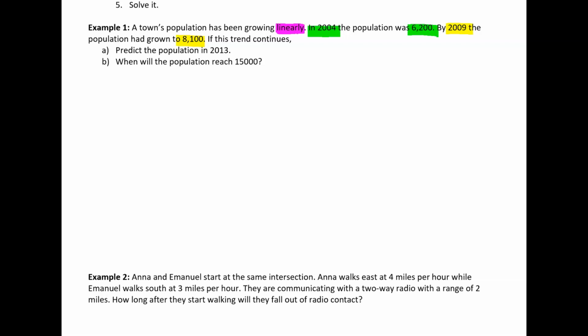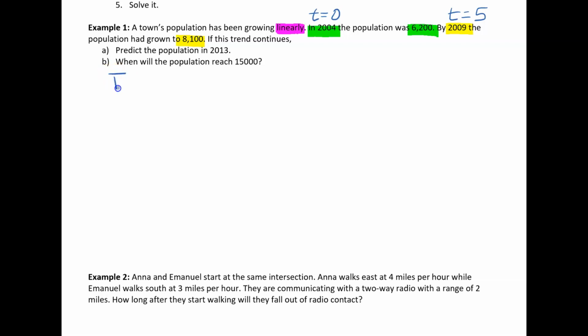We have formulas. We don't want to use 2004, 2009, etc. So let's let t be equal to 0 in 2004. Call that our 0. And 2009 is 5 years later, so t is 5. Let's use 0 and 5, the difference between them, instead of those 4-digit numbers.